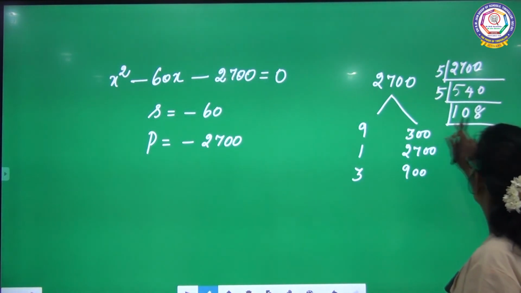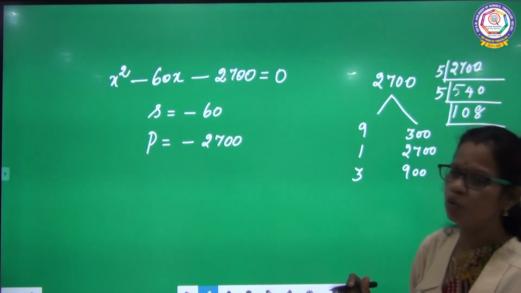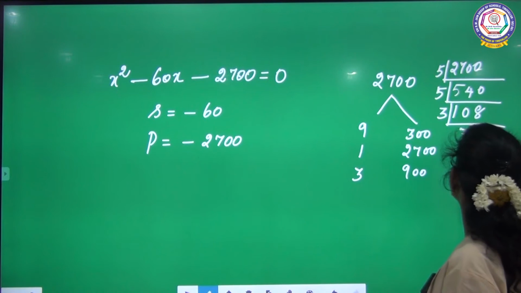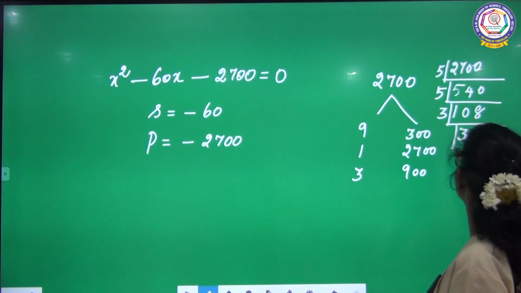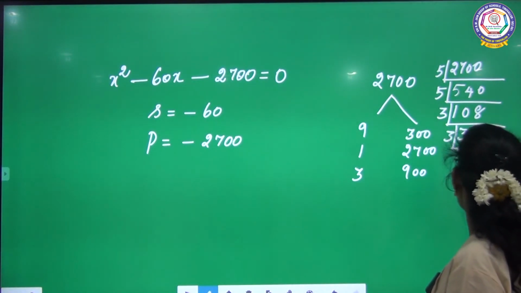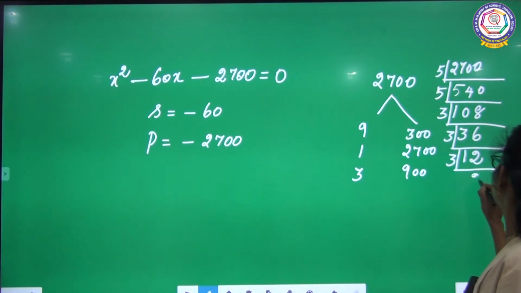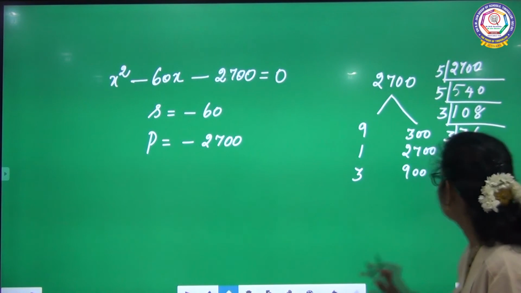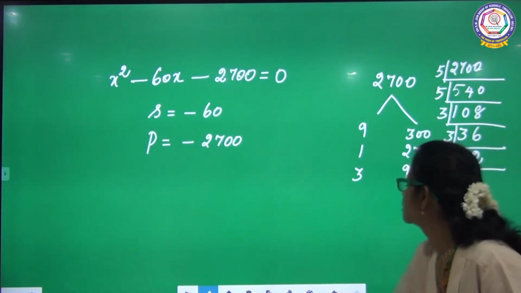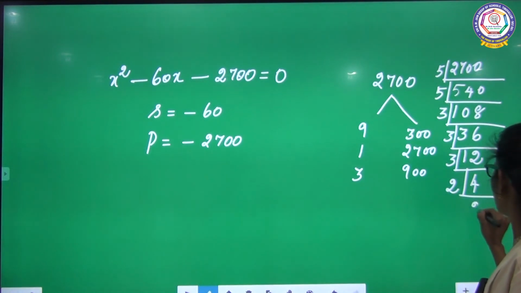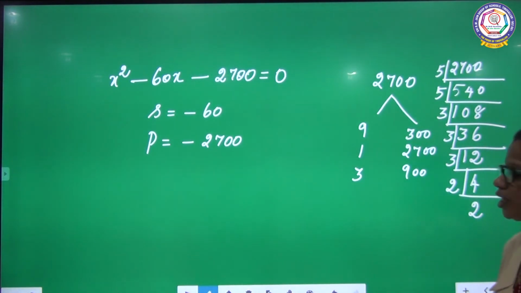Then add the digits, or you can apply 2. When you add 9, 3 3s are 9, 36, 3, 1, 2, again 3, 2, 4, 2. When you arrive at a prime number, the division is over.